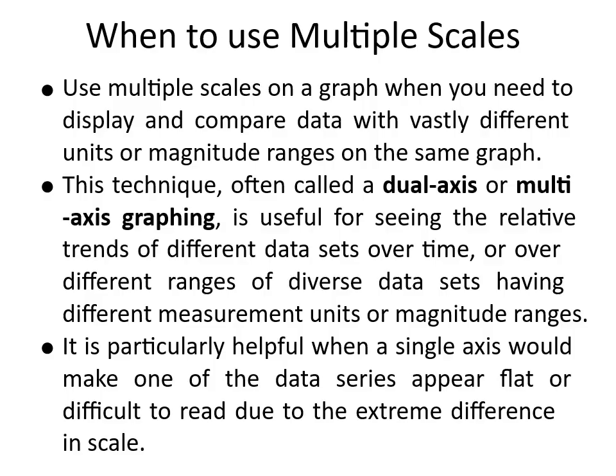It is useful for seeing the relative trends of different data sets over time or over different ranges, when the data sets have different measurement units or different magnitude ranges. It is particularly helpful when a single axis would make one of the data series appear flat or difficult to read due to extreme difference in scale. When one range is too big and the other too small, the smaller range data appears cramped.